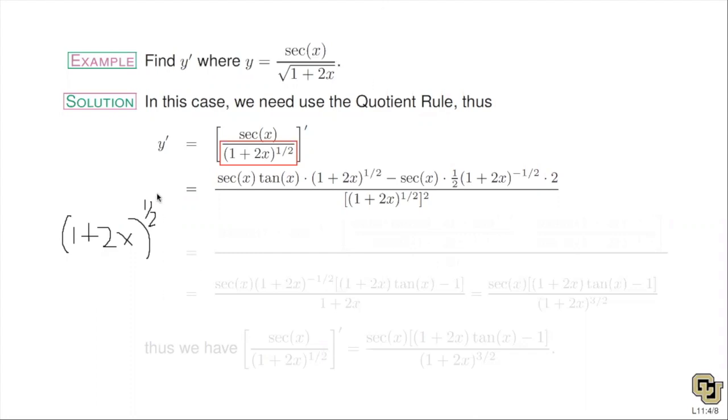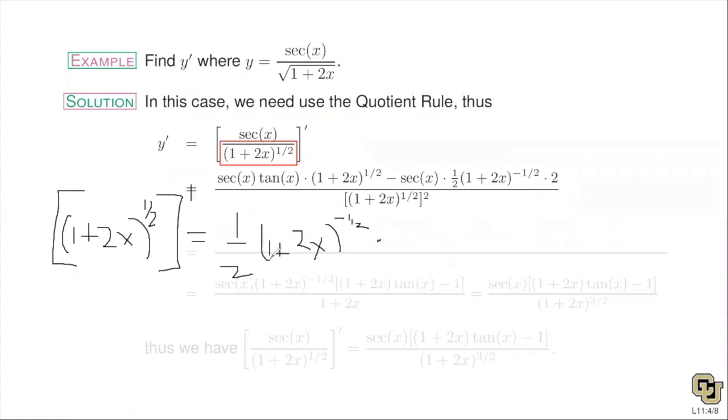And so here, when I'm doing the derivative, blah raised to 1/2 is the outside function. So I bring the 1/2 down. I'm going to have 1 plus 2x to the 1/2 minus 1. 1/2 minus 1 is negative 1/2. That's the derivative of the outside.